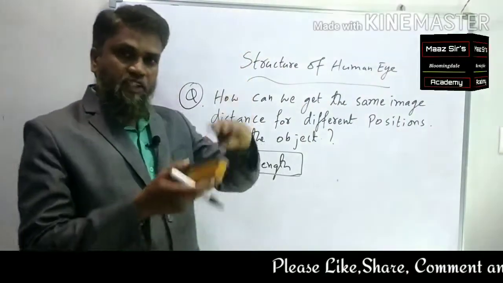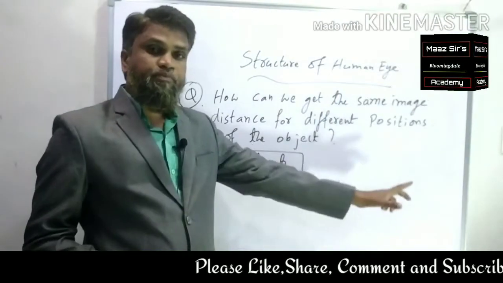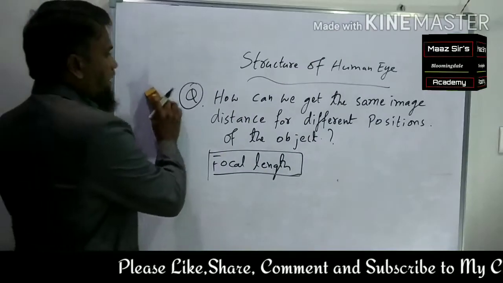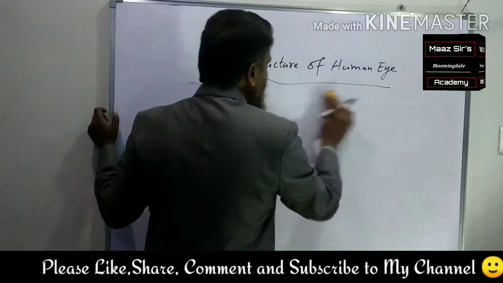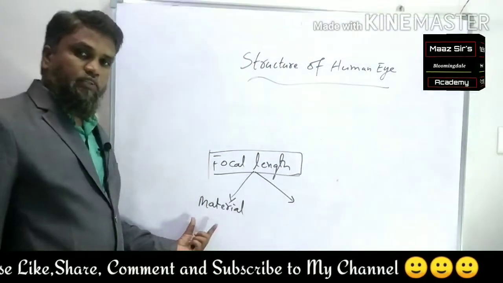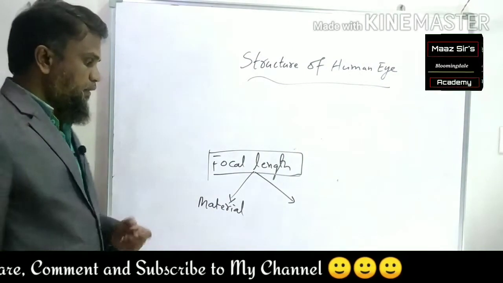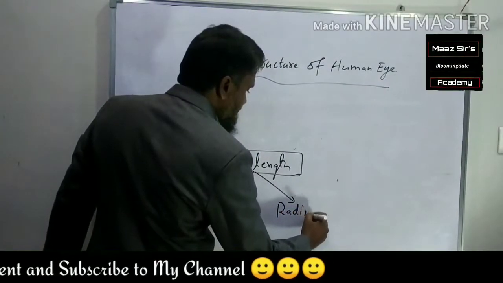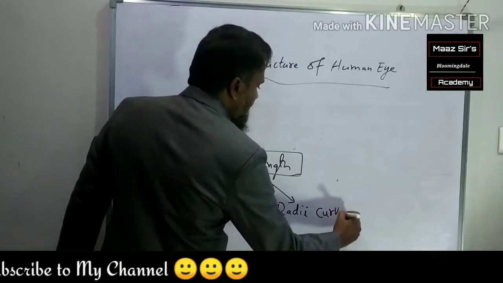If you are able to adjust the focal length of the lens, you will get the image on the retina. So now let us see how this focal length is being adjusted in our eye. Focal length depends on the material from which the lens is made, and apart from that, it is also depending on the radii of curvature.